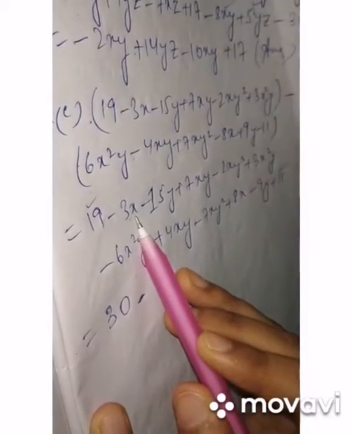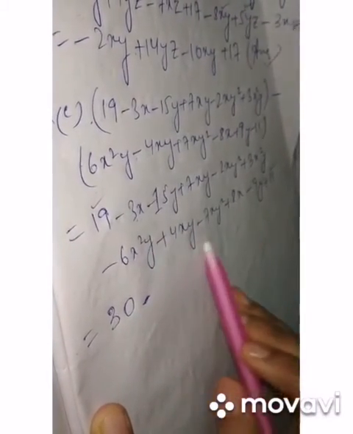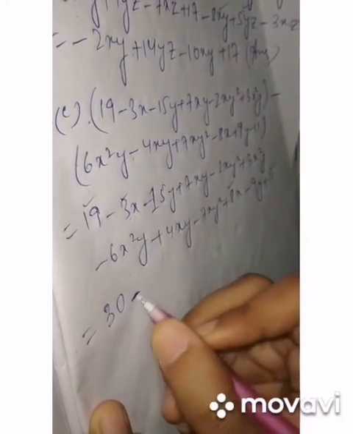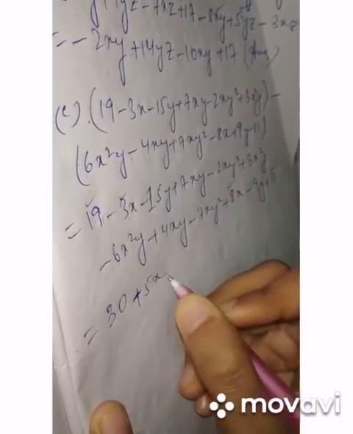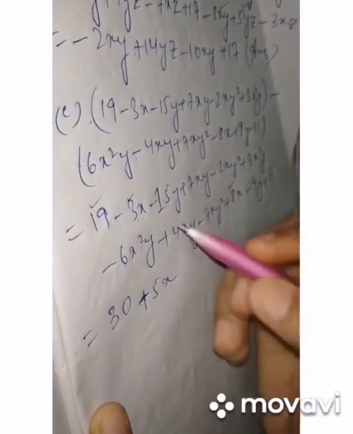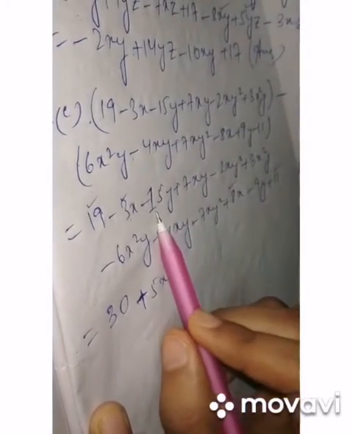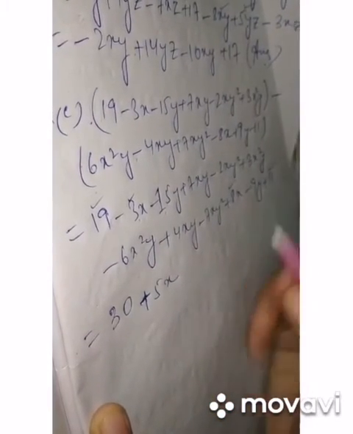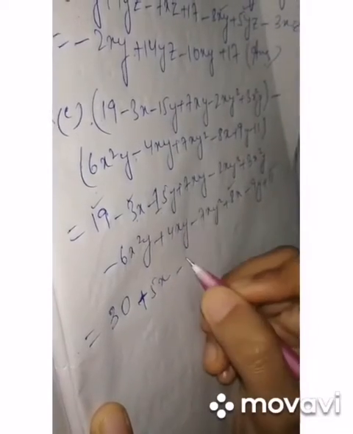Minus 3x plus 8x, plus 5x. Minus 15y, is there any minus 9y? Minus 15y minus 9y, minus 24y.